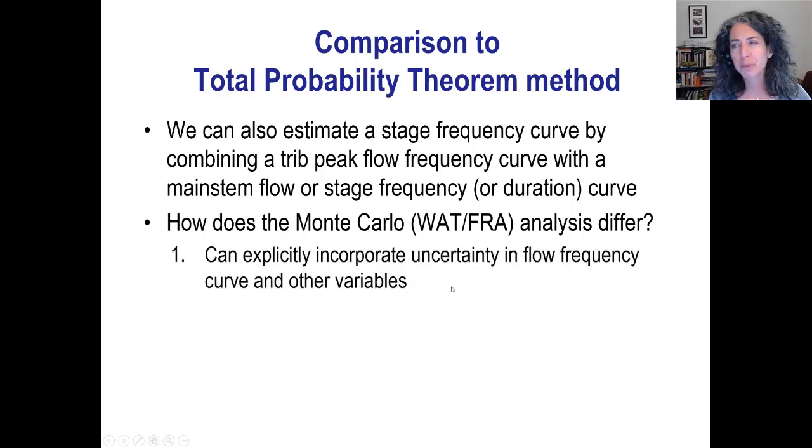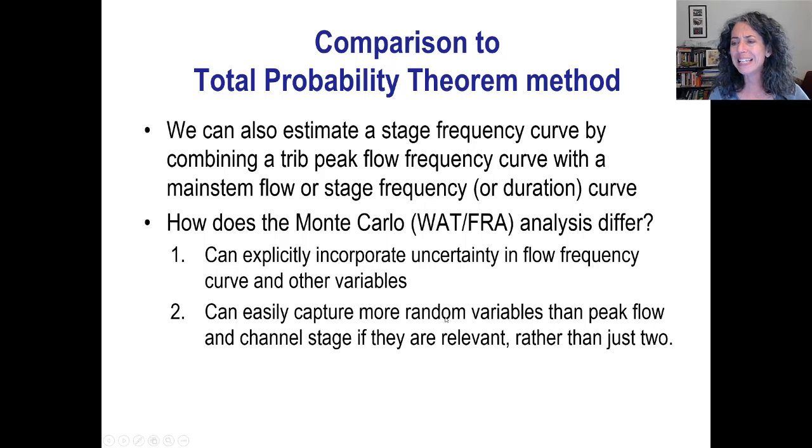Well, first we can explicitly incorporate the uncertainty in flow frequency curves and other variables like starting pool stage. We can easily capture more random variables than just peak flow and channel stage if they're relevant, meaning more than just two. We can capture any number of variables we want to in the Monte Carlo simulation, and if you recall, the total probability method was based on two variables.